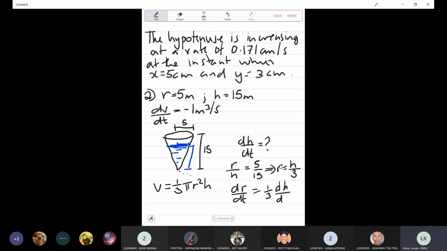You just differentiate both sides with respect to t, and the 1/3 is a constant, so it doesn't affect your derivative. If one function is a constant multiple of the other, to work out the derivatives you just differentiate normally and then multiply by your constants. So even though I'm not given dr/dt directly in the question, I can figure it out.